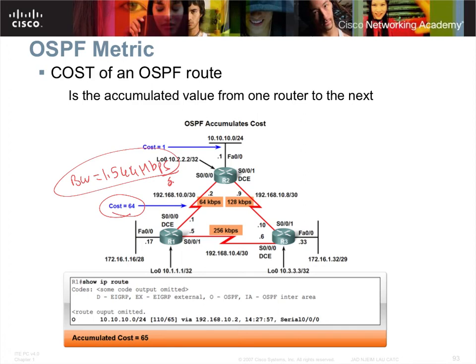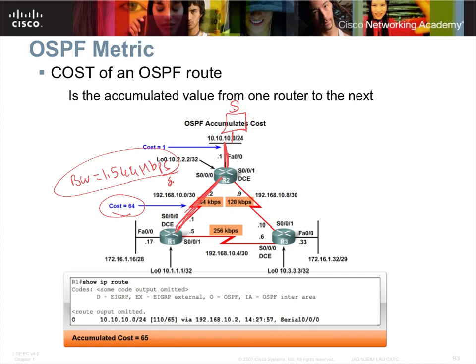So if I want to calculate the cost from any source node here to R1, what would be the cost in that case? 65, bravo, which is 1 plus 1 plus 64. Very simple. There are two interesting observations here. I'm hoping that you can detect them.